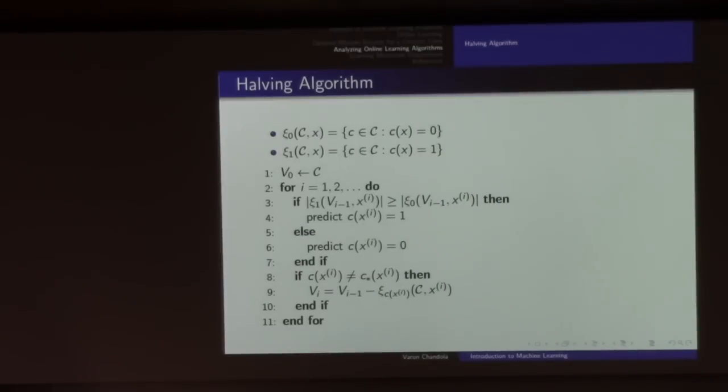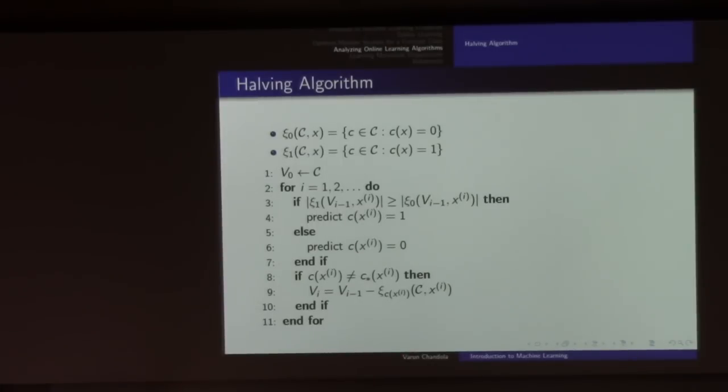At any point of time, when it sees a new training data point X, again apologies for the notation here, it splits its version space into two parts.